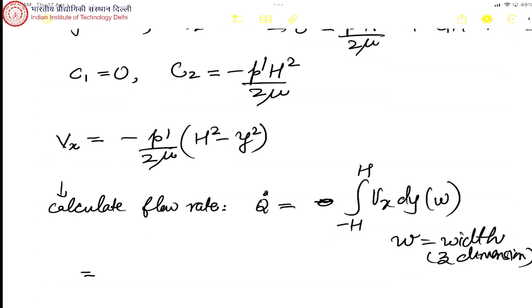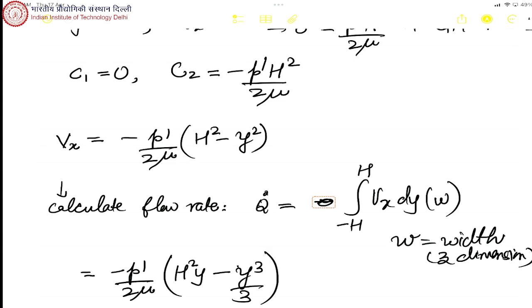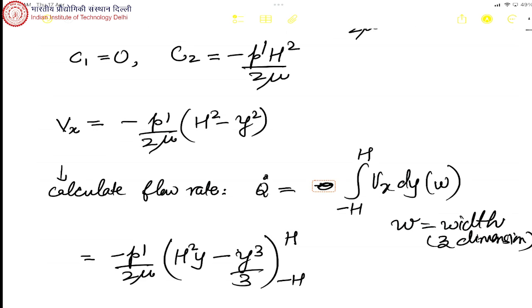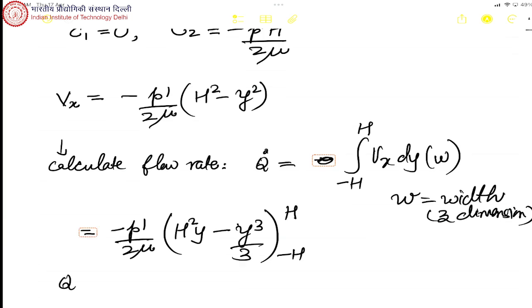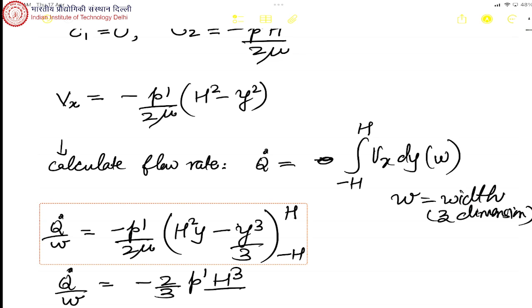So this will become equal to... you calculate this, you will be able to calculate the flow rate in terms of the pressure drop. Okay.